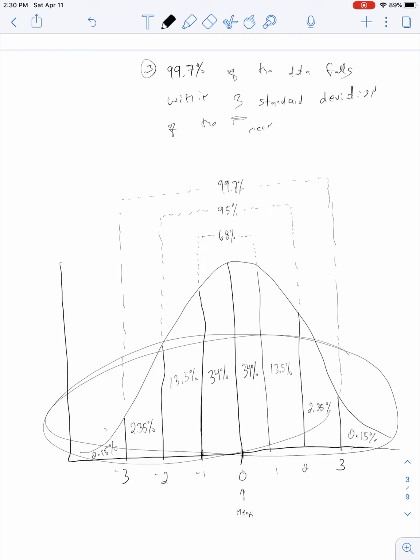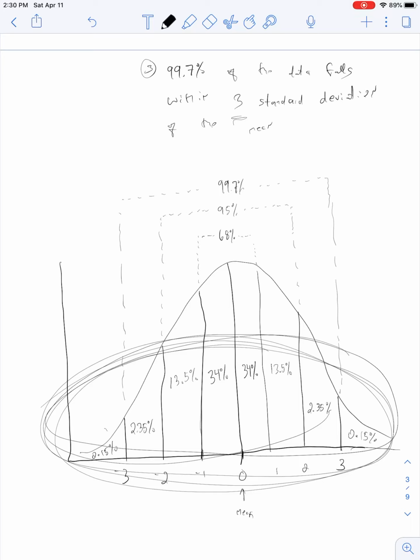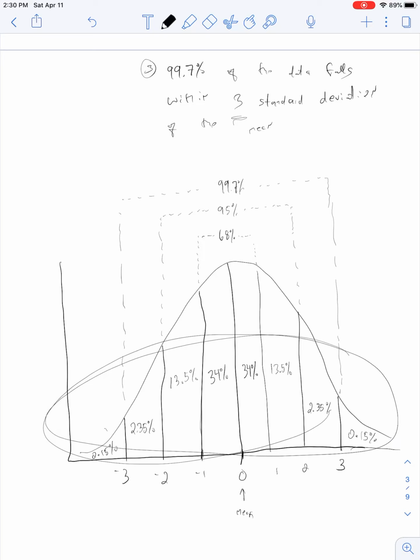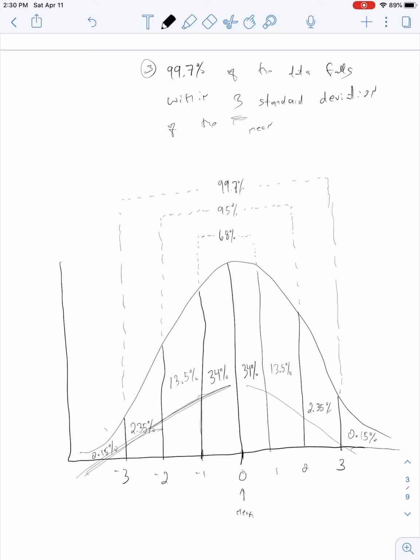So you want to have these percentages memorized because they're always going to be the same percentages anytime we're using the 68, 95, 99.7 rule. So I want these percentages memorized, and we're just going to put them in our graph there. So 0.15, 2.35, 13.5, 34. See the same numbers going that way, right? So we just have to memorize them this way, and then we put them in again like that on our graph.